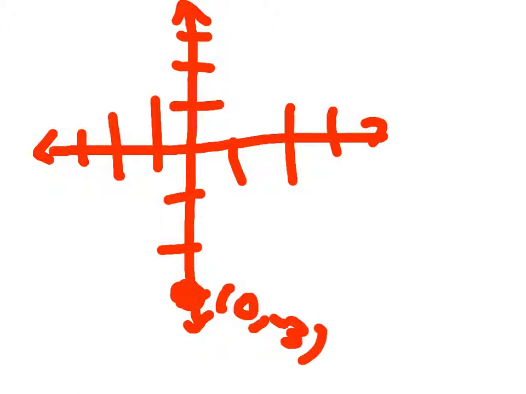Then there's a double root at 1, which is an x-intercept, and there's also an x-intercept at 1.5, which is 3 over 2. So the graph has to touch (0, -3), it has to touch 1 on the x-axis twice, and it has to touch 1.5 on the x-axis.